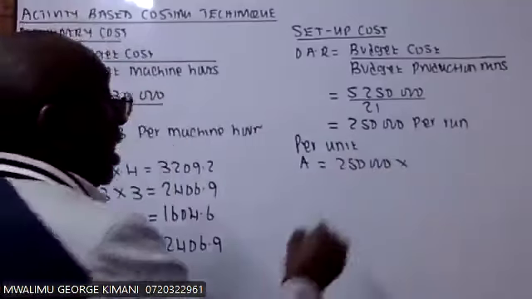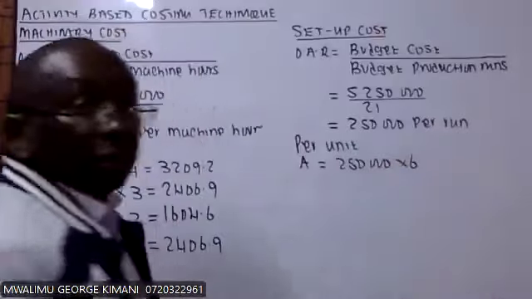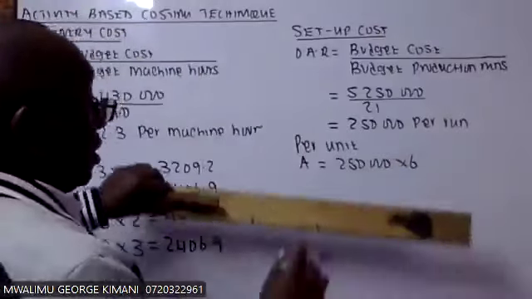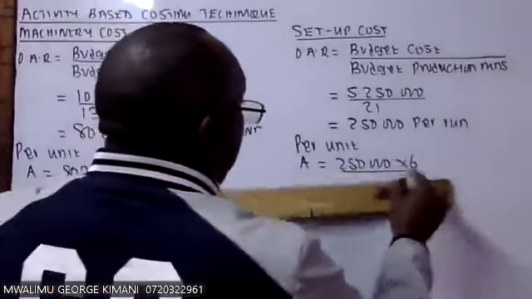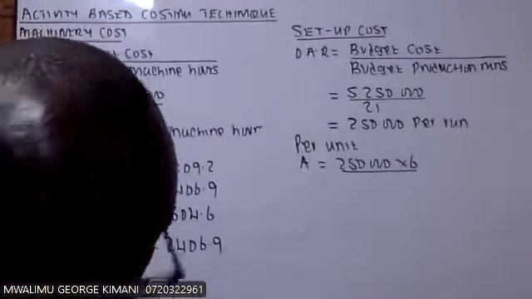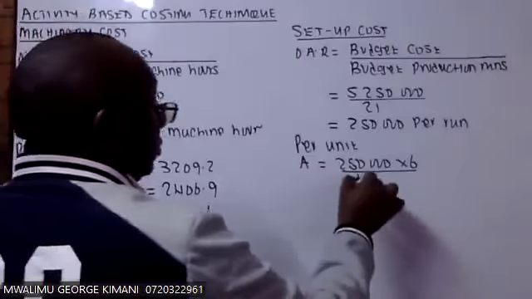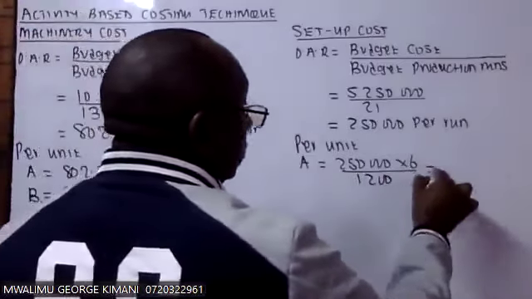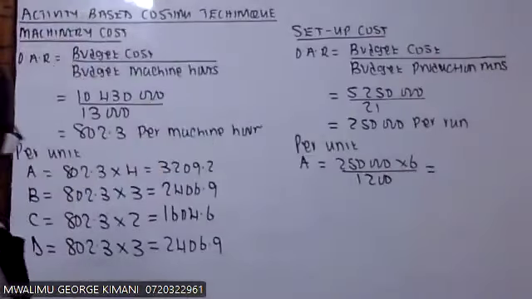This one has 6 runs. You divide that by the number of units. The number of units are 1,200.